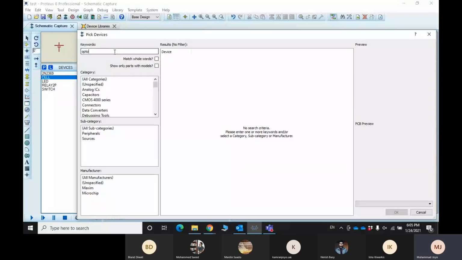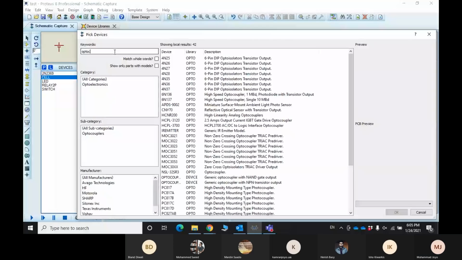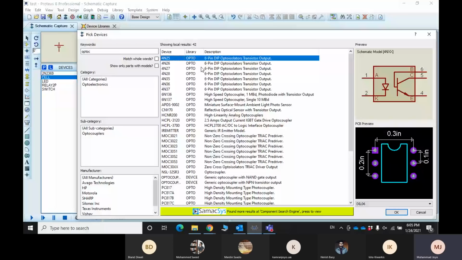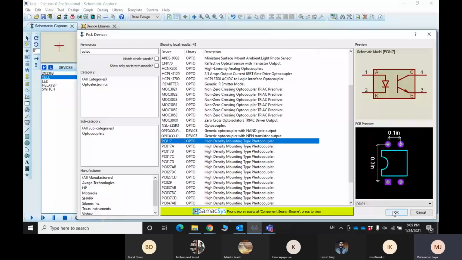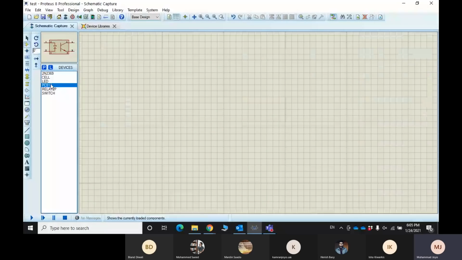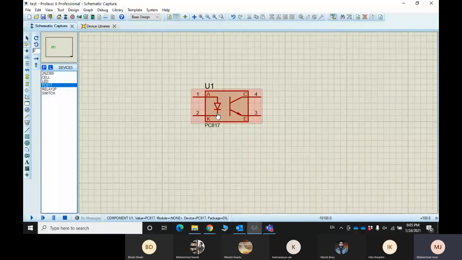So here it is, an optocoupler. Here you can see inside the package there is a diode over here. This diode is basically an LED, and the transistor is being turned on by this LED.